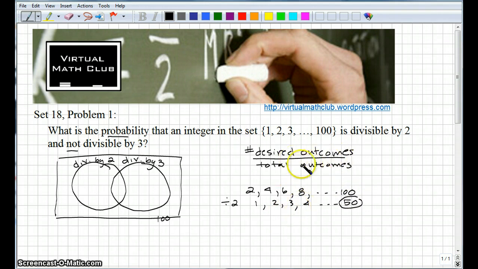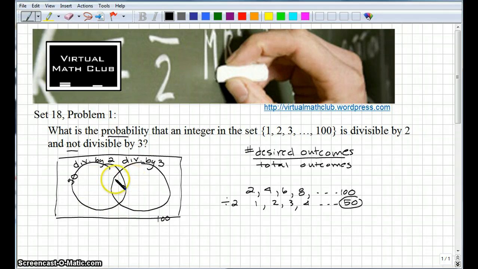Now you might have reasoned out that there were 50 numbers in that set just by saying, well, every other number, so it's going to be half of them, right? So over here, I'm going to write 50, because in this whole set there's 50 numbers. But that includes those that are divisible by 3 also, and those that are divisible by 2 and not 3.